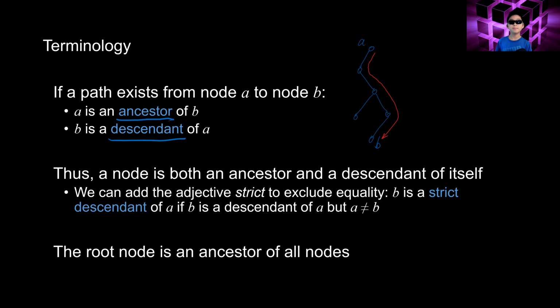In this example, B is the descendant of A. Because a path can have zero length, such as the path starts and ends at the same node, in this case, that node can be an ancestor and descendant of itself. To make it clear, we can add the word strict, which checks if B is a descendant of A, but B is not equal to A. Also, it is easy to see that the root node is an ancestor of all nodes.